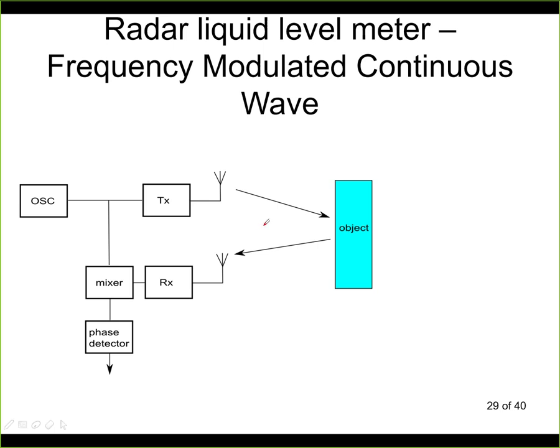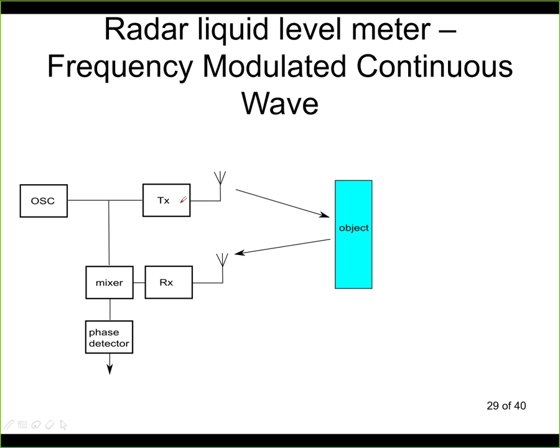The way this works is that you have a transmitter and receiver as well, but now you're not sending the pulse of the signal, so you're not sending a beep and waiting for the beep to be received, but you're sending a continuous signal.